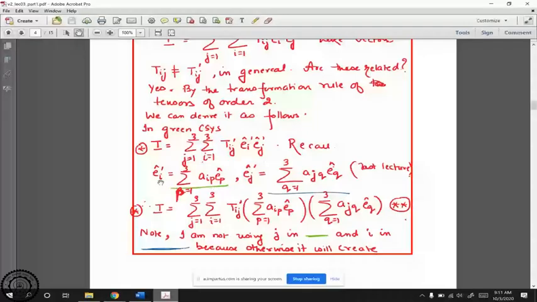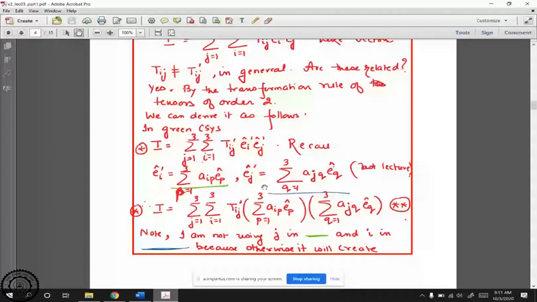So my idea is to replace this e_i prime in terms of e1, e2, e3, and also replace e_j prime in terms of e1, e2, e3. So for that I am writing e_i prime as this, which comes from the definition of a_ij's, and e_j prime can be written in this manner.